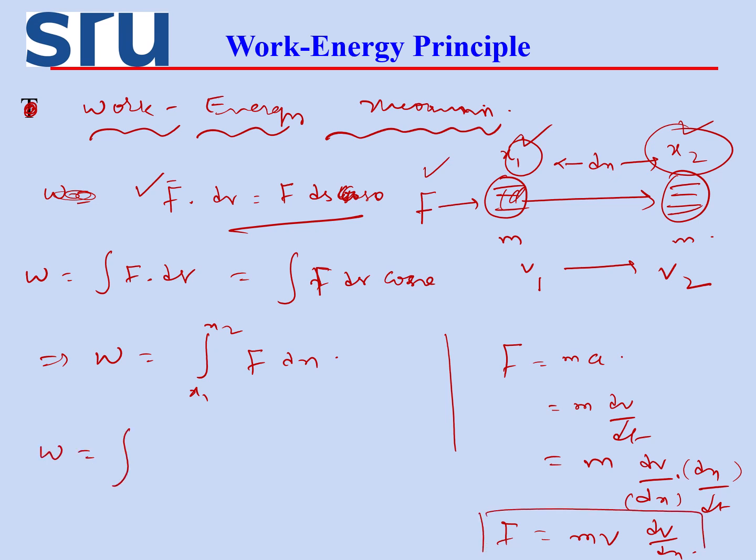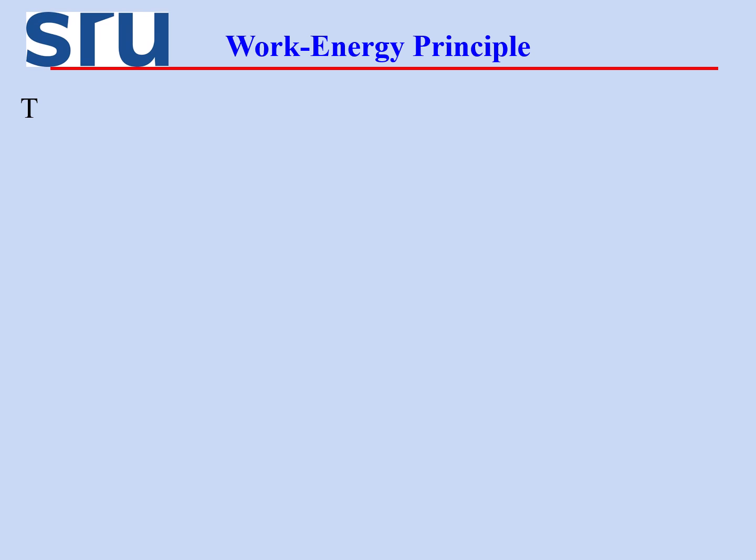In place of F, we write this here. Therefore, W equals the integral from x1 to x2 of mv dv by dx. Already the dx is there, okay, dx gets cancelled. Therefore, W equals the integral of mv dv. Now the limits also change. x1 becomes v1 and x2 becomes v2.